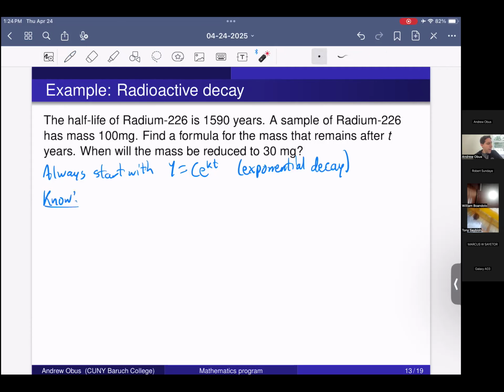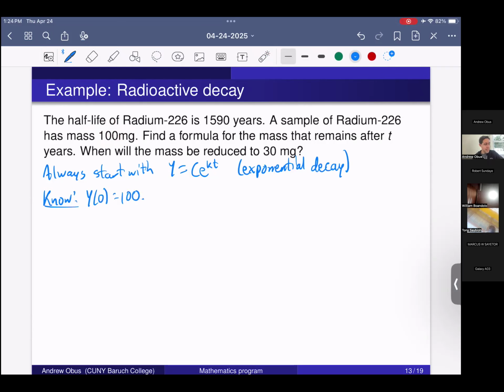Well, we know that a sample has a mass of 100 milligrams. That's right now. The sample of radium-226 has mass 100 milligrams. So we know that at time 0, y of 0 is equal to 100.